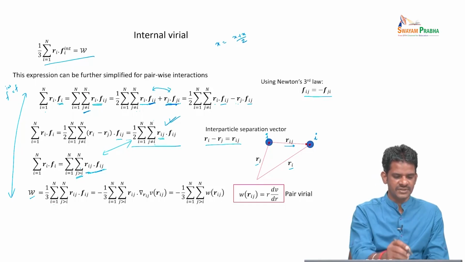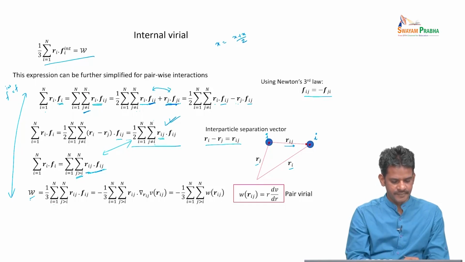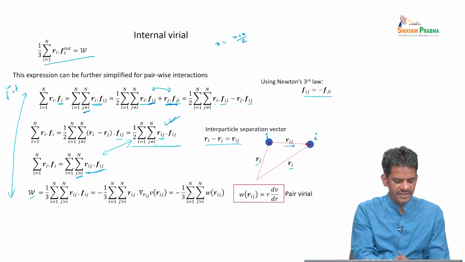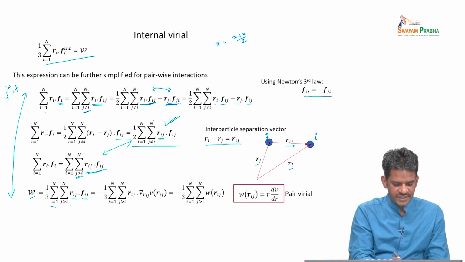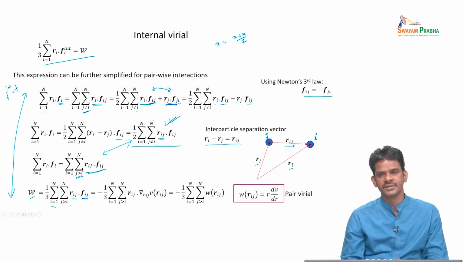So, now this expression we substitute in the internal virial and then you get 1 by 3 times sum i equal to 1 to n, j greater than i to n, Rij dot Fij. Now this Fij is nothing but the force between particle i and j, which is coming from pair interactions.